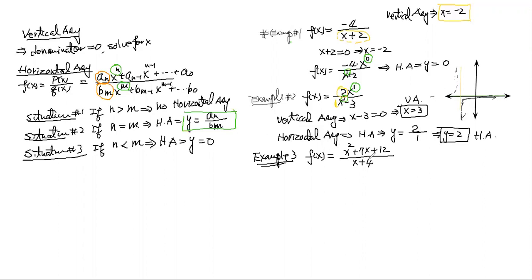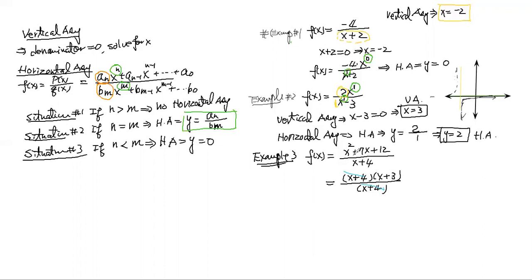The first thing you look at is x squared plus 7x plus 12, which I can definitely factor. It's x plus 4 times x plus 3. Oh boy, so what do you see here? I can cancel the x plus 4s here.